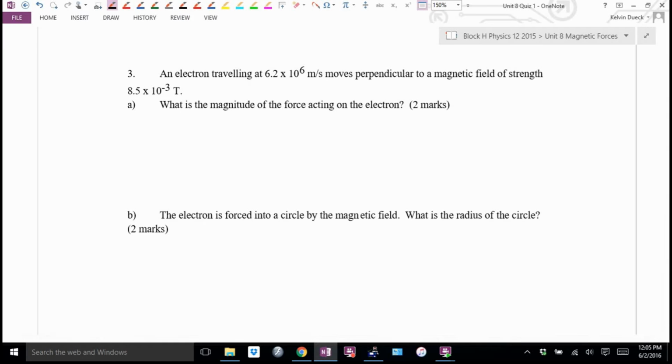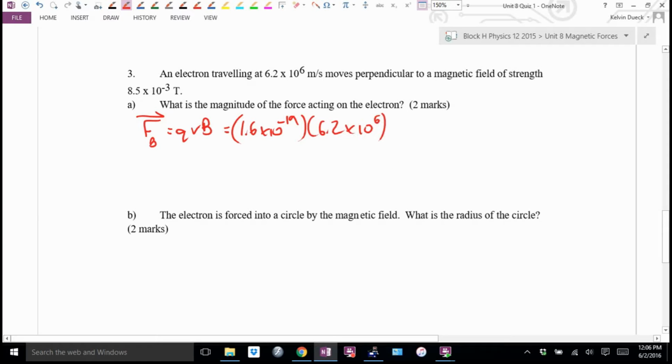An electron traveling that fast moves perpendicular to a magnetic field of strength that. What's the magnitude of the force? You know what? This is straight plug and chug. The magnetic force acting on this is going to be QVB. Q, 1.6 times 10 to the negative 19. Mr. Duke, shouldn't you put a negative in? It said magnitude and force is a vector. The negative, forget it. V, 6.2 times 10 to the 6th.